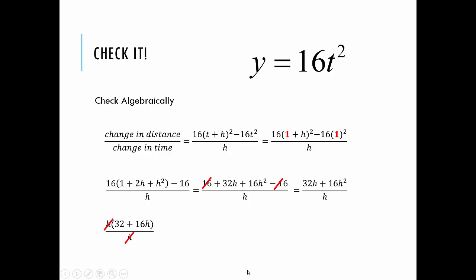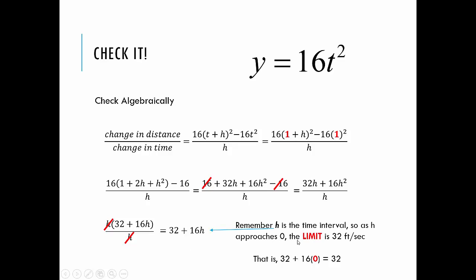My h's can cancel. And then I end up with 32 plus 16h. Aha, I see a 32. We said we are going to let h approach 0. So as h approaches 0, our limit is this 32 feet per second.